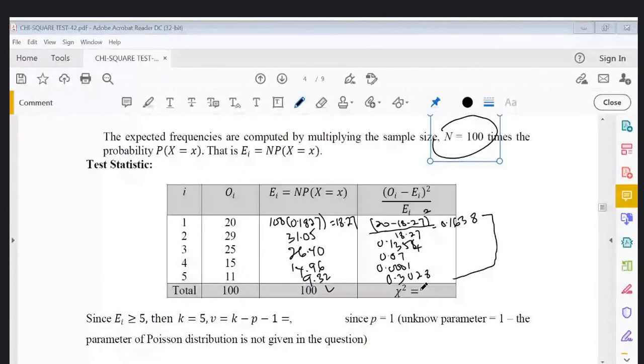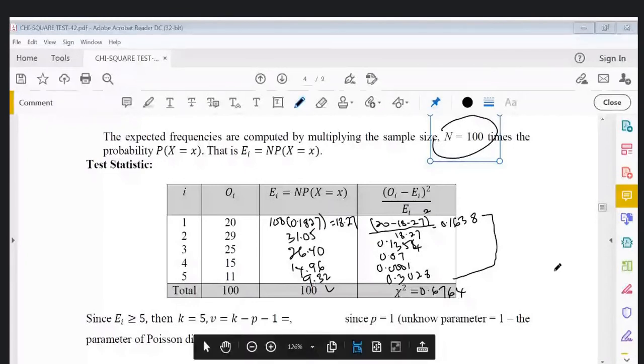After that, if you see EI greater than 5 for all of these, this method is applicable.